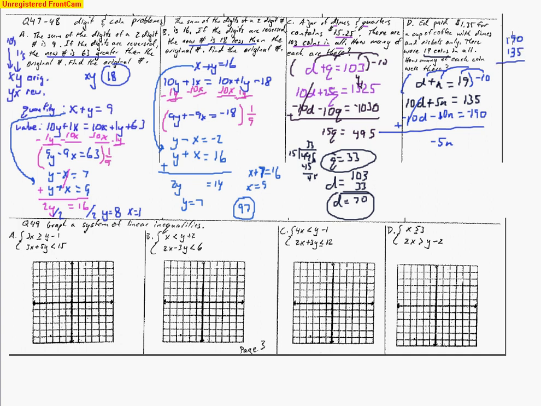So I need to borrow, change that to an 8. So that makes 55. So negative 55. So n is 11. 11 nickels. Subtract that from 19 and you'll get how many dimes you ended up having, which was 8. So 8 dimes, 11 nickels.